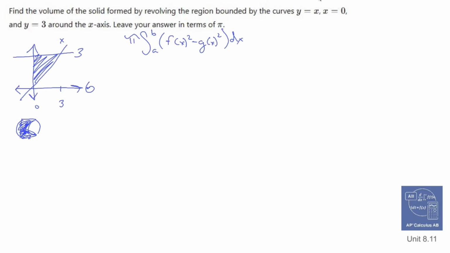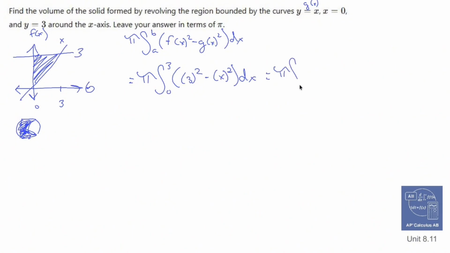The 3 is going to be my top part, so that's my f of x. x is my lower part, so that's my g of x. This problem is not going to be super bad compared to some other problems. So pi, 0 to 3, f of x is 3, so 3 squared, minus g of x is x, so x squared dx.